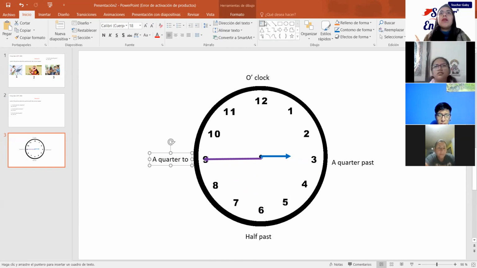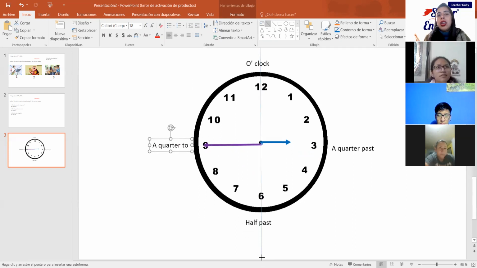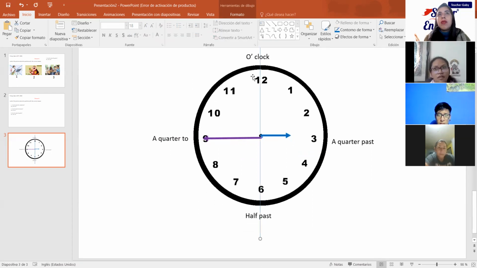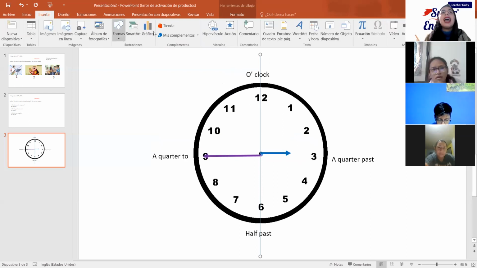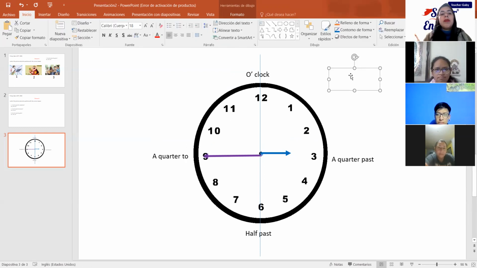Why? That is what I'm going to explain. In this case, we are going to divide this clock in 2 sides. Yes, vamos a dividirla en 2. Porque del lado derecho del reloj, nosotros vamos a contar los minutos que han pasado de la hora en la que estamos. Por lo tanto, vamos a usar la expresión past.